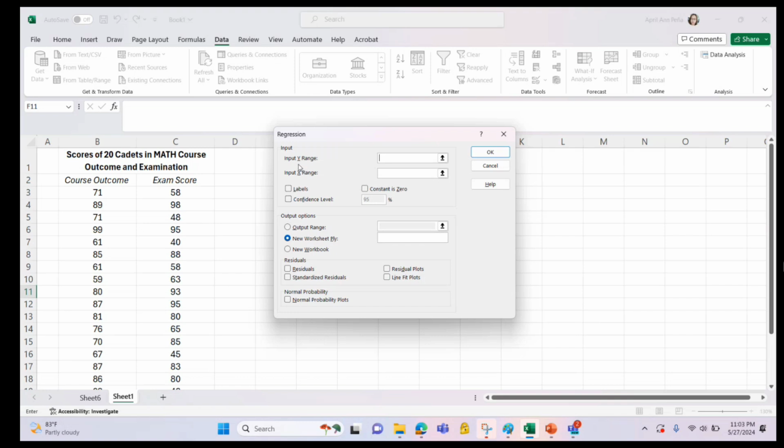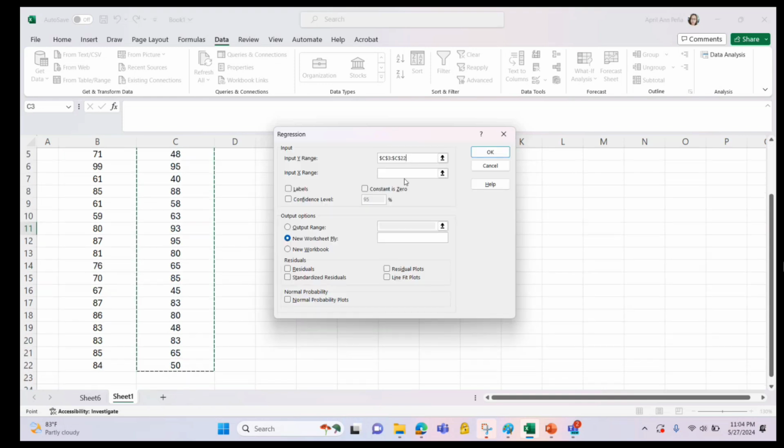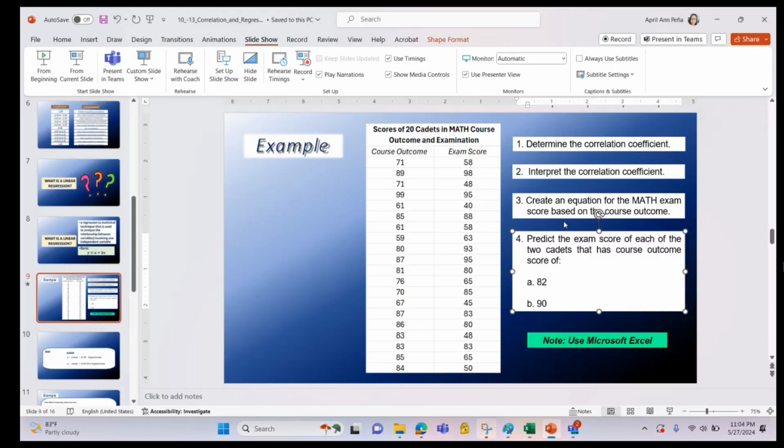So we do have y. So be sure that your cursor is here, and then you can already select the exam score. Select the 20 values. And then for the x, the independent variable, in the PowerPoint we're in, it is said based on the course outcome.